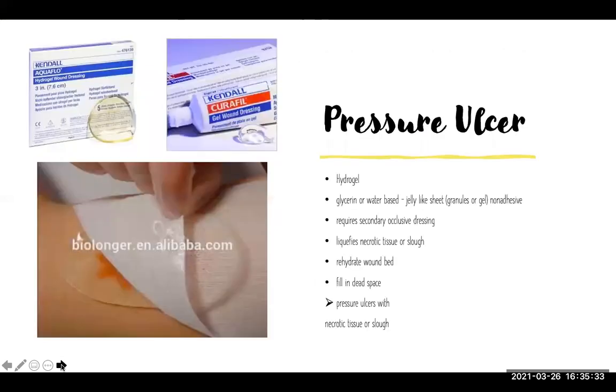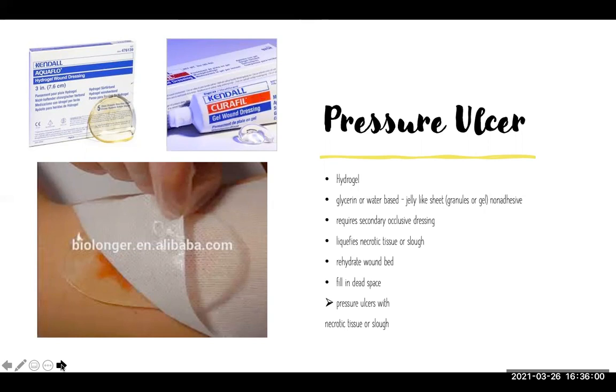So hydrogels are good for filling dead space, and they are used to liquefy necrotic tissue that needs to be removed, sloughing tissue that's hard to remove. You would probably use a hydrogel to help with that. It hydrates the wound bed and it fills the dead space.